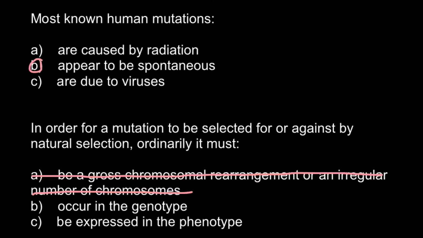So answer C, be expressed in the phenotype, means that such a mutation would change the phenotype. So what is a phenotype? Phenotype is such traits that we can see, for example, tallness, shortness, body weight, or speed of reaction. There are many traits that can be changed.